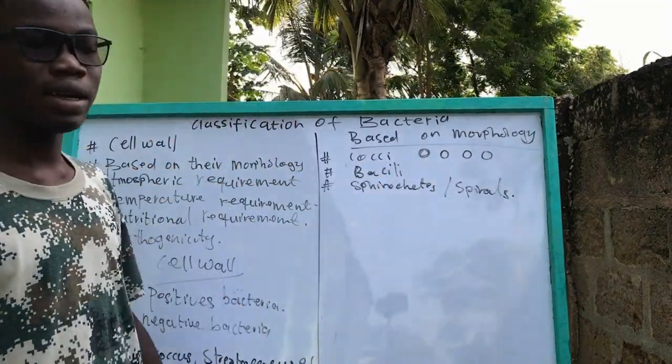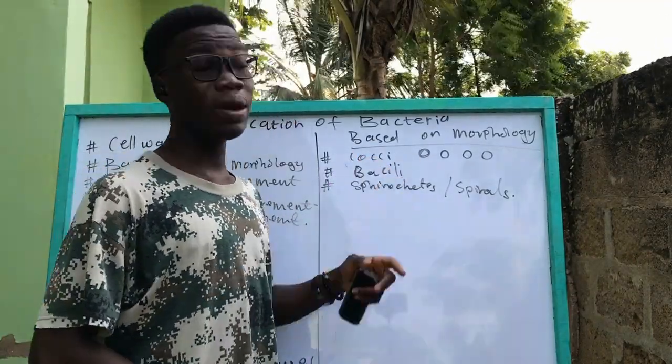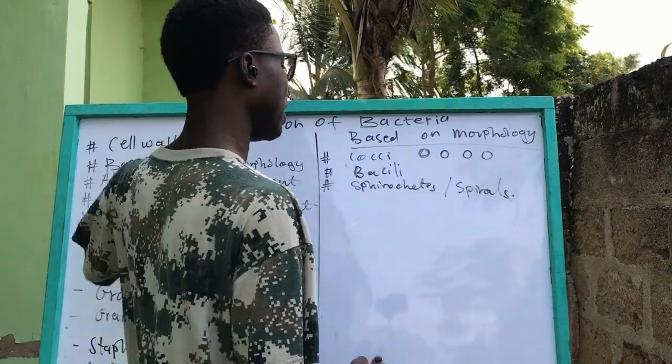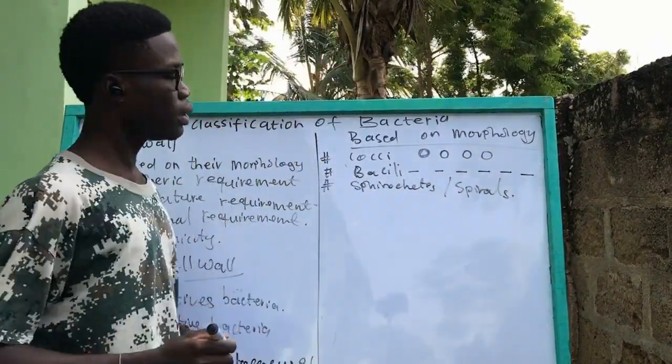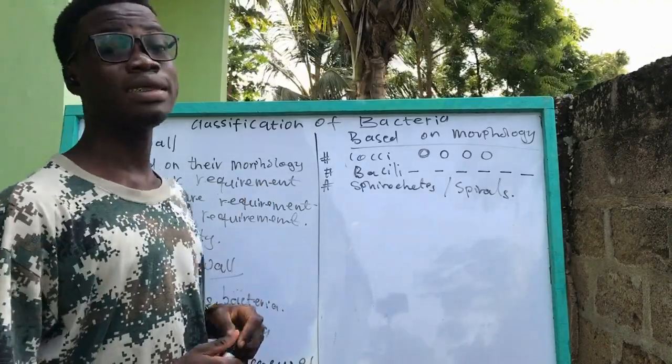The cocci are spherical in shape. Most of the cocci are often gram-positive bacteria. Then we have the bacilli. The bacilli are rod-like in shape, like this. They are also called rods. And most of them too are gram-negative bacteria.